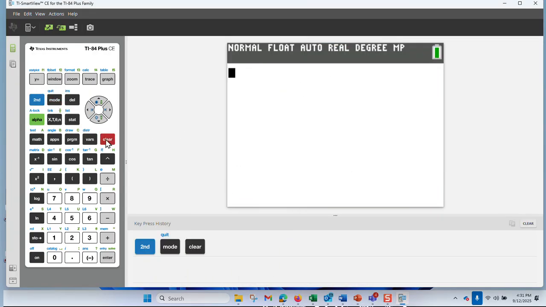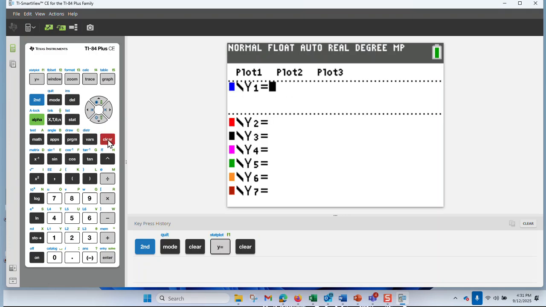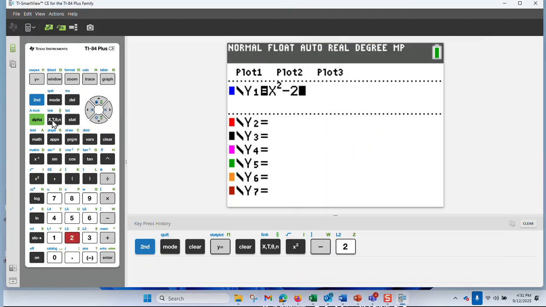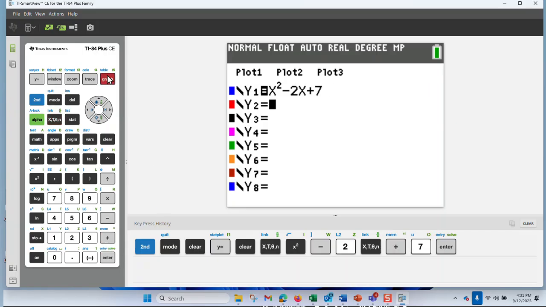We go to y equal to, and then we input x squared, minus 2x, plus 7. The minus is right here. We hit enter and then graph.